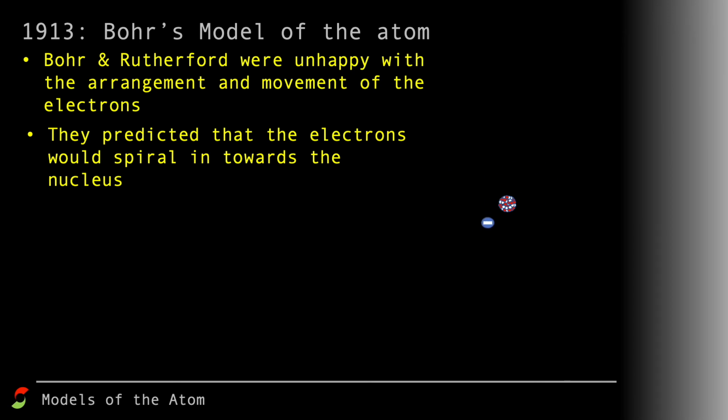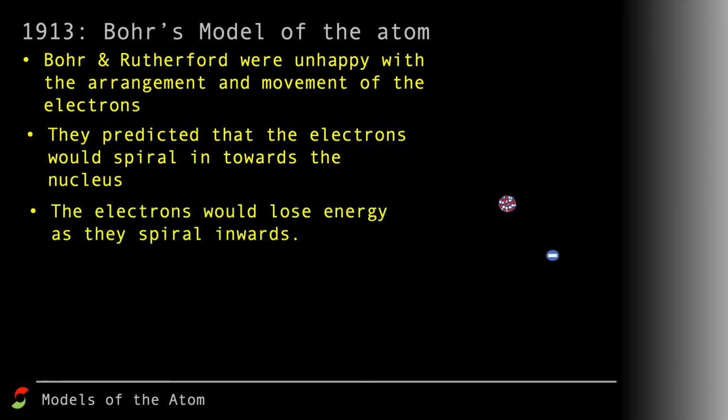Don't want to go into nanoseconds, but it's a thousandth of a nanosecond. And then the atom in this form would be very, very unstable. It would be stable for a thousandth of a nanosecond. And of course, atoms are stable. So this model of what the electrons were doing wasn't correct.